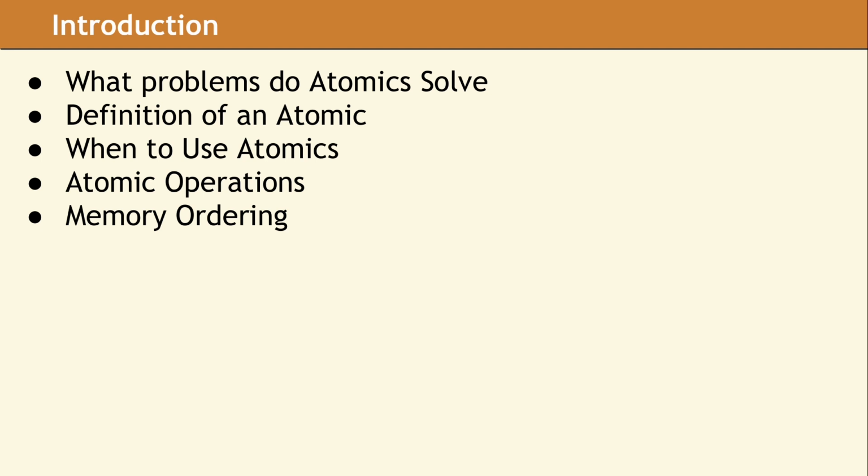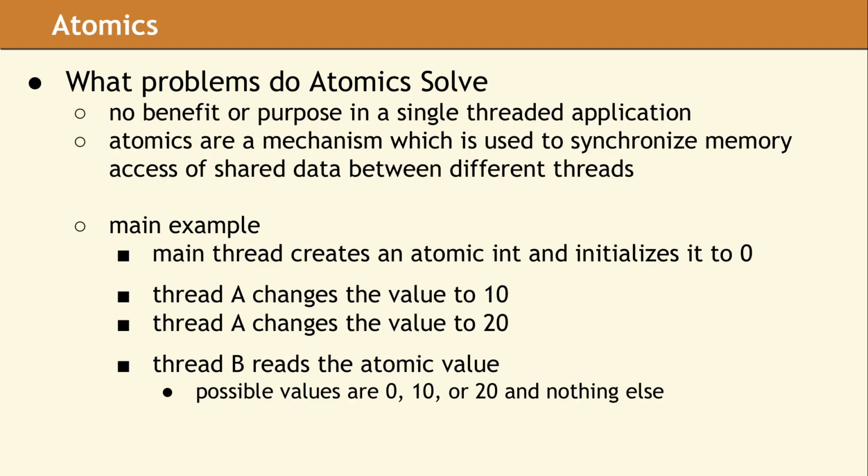We will start by explaining what problems atomics solve, when to use them, how to use them, and show a few examples. There is no reason to use atomics in a single-threaded application. The purpose of atomics is to synchronize memory access to shared data between different threads, which are running simultaneously.